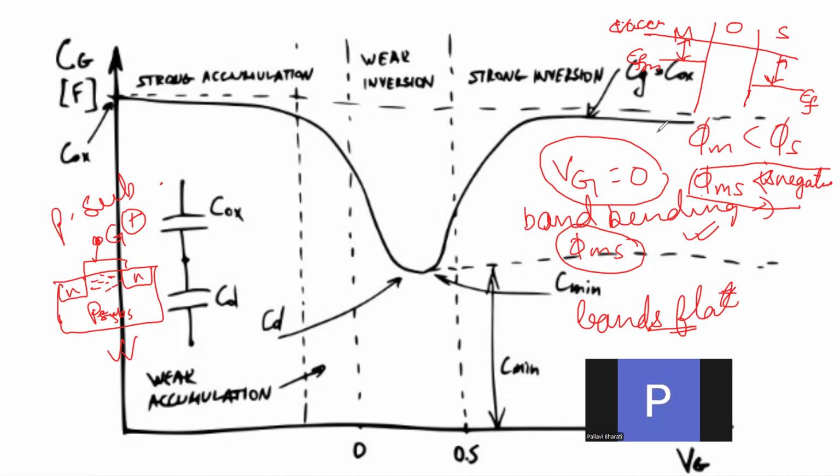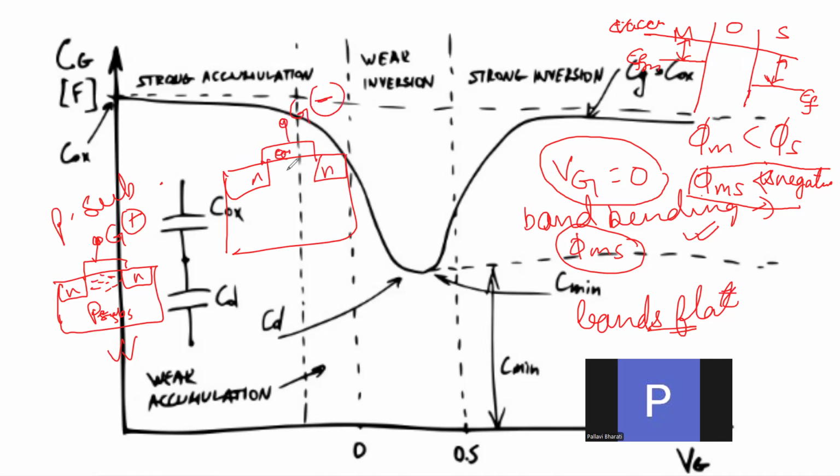So suppose we apply a negative gate voltage, then a charge redistribution takes place. The negative gate voltage will repel the electrons from the interface. If you take this structure, here it is N, here it is N, and this is the insulator, this is your gate.